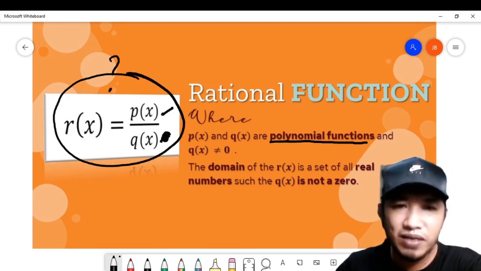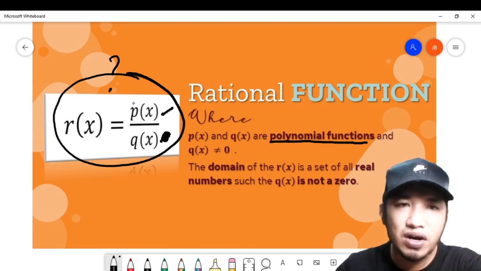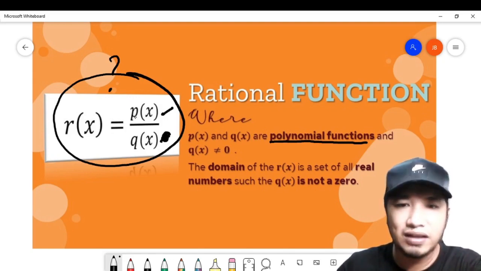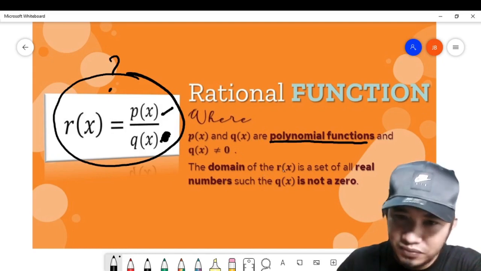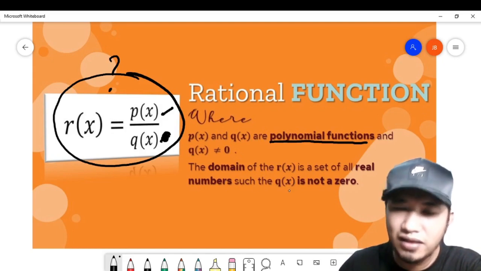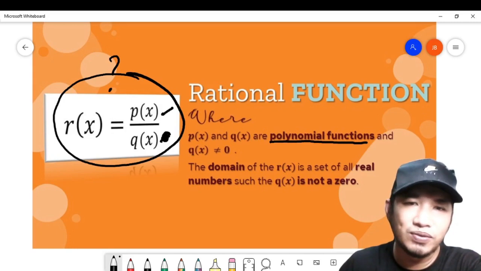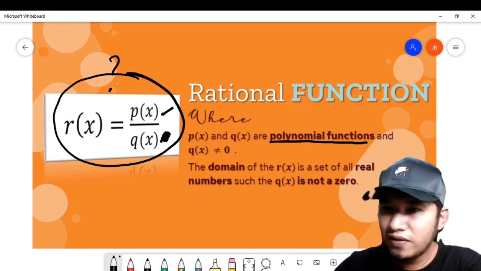We know that any number having a denominator of 0 is undefined. And the domain of the function r of x is the set of all real numbers such that q of x is not 0. Alright, so that is the definition of rational function.